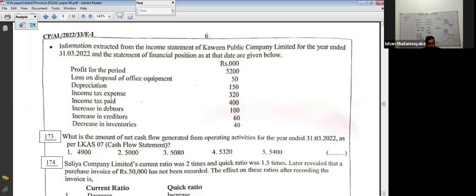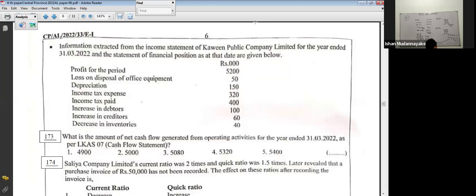Cash flows generated from operating activities. What's the answer? In this question, you need to calculate operating cash flows using the indirect method. How to get the answer?